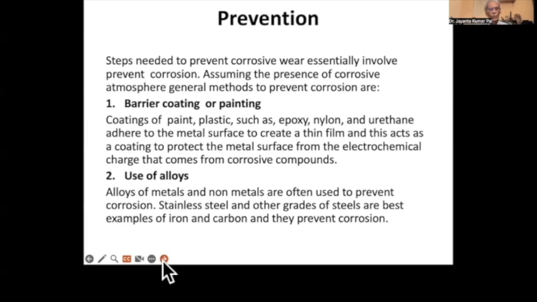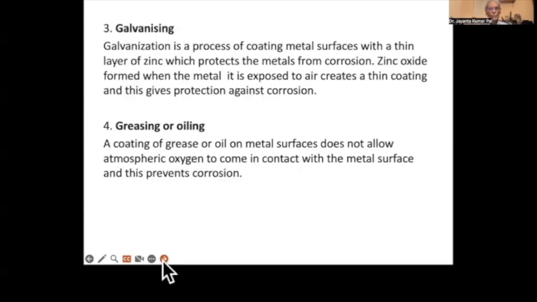Then use of alloys. In many cases, alloys stop corrosion. As we know, stainless steel is an anti-corrosive material. Like stainless steel, there are many other alloys that can be used for protecting materials or stopping corrosion. Then galvanizing.